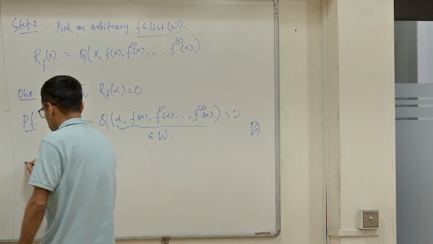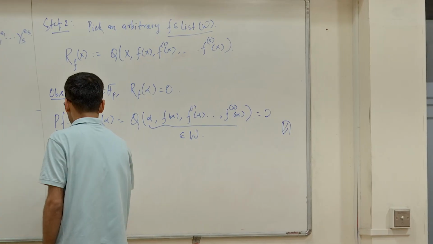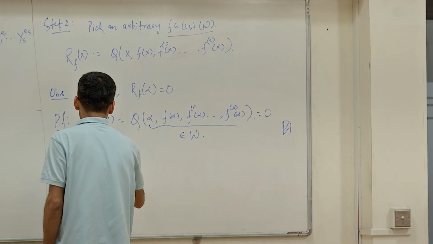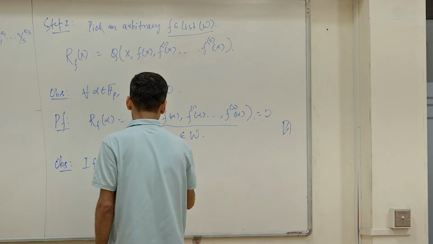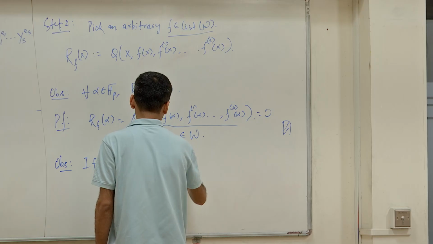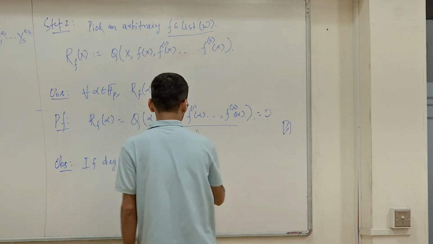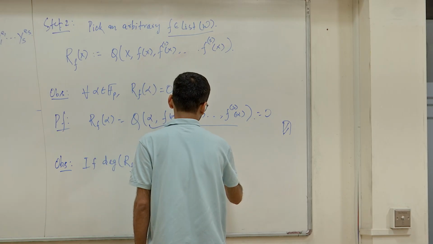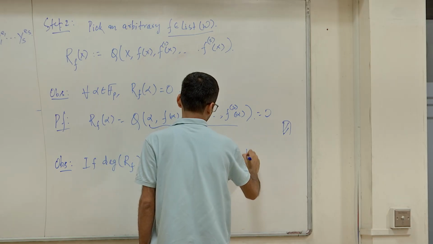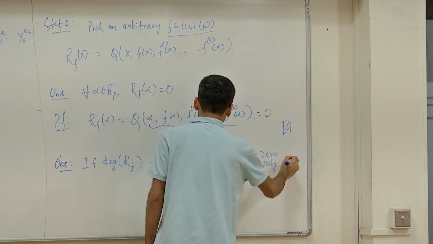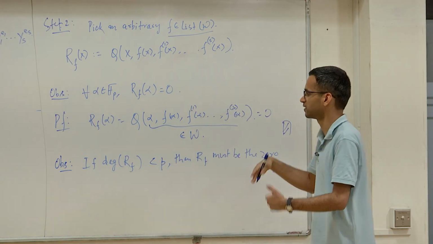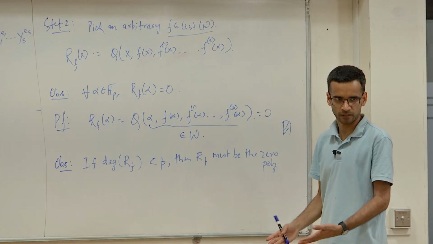So the second observation is that if the degree of r sub f is less than p, then r sub f must be identically 0, must be the 0 polynomial. So if the bound on the degree of r sub f was something less than p, then we are done.